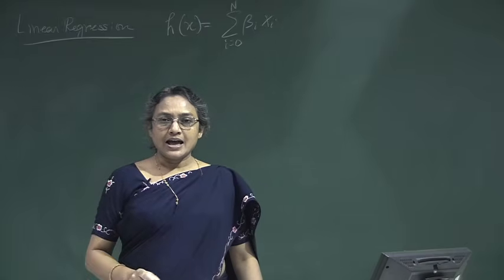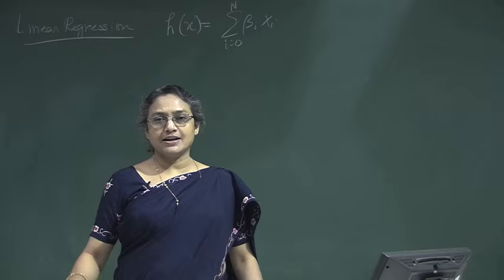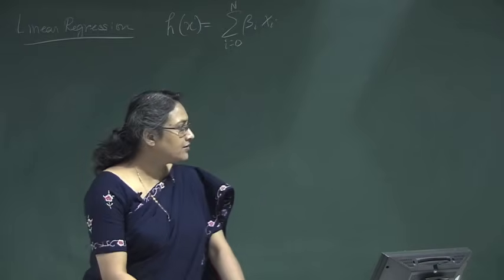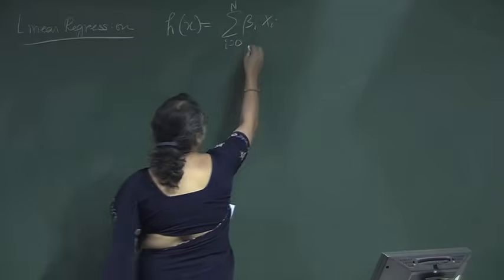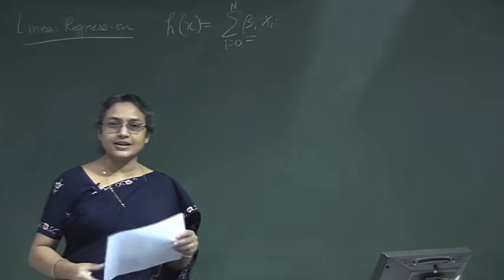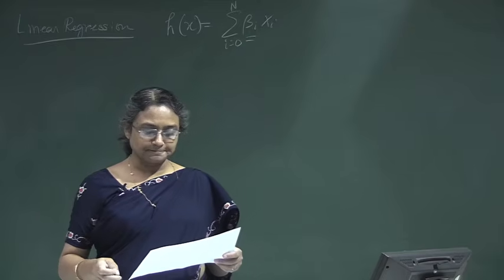So, we have h(x) equal to beta_0 plus beta_1 x_1 plus beta_2 x_2 plus up to beta_n x_n, and learning involves learning the values of these beta_i in order to optimize a certain function. For example, we tried to minimize the sum of squared errors.